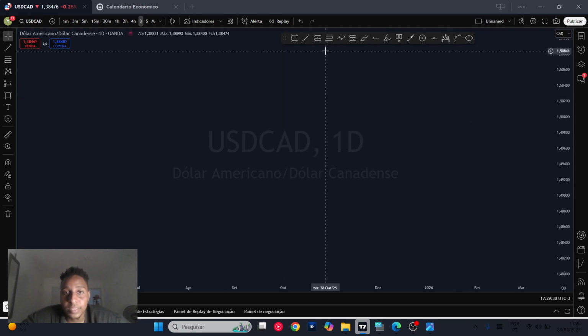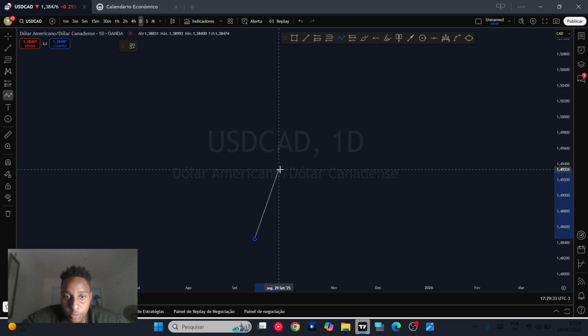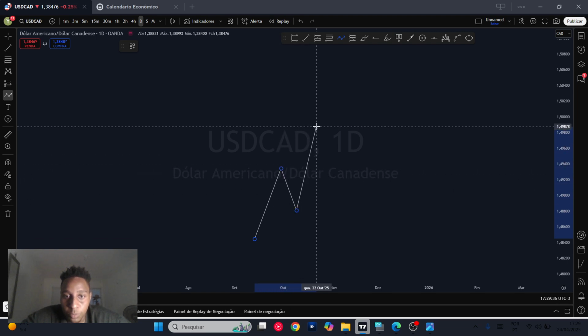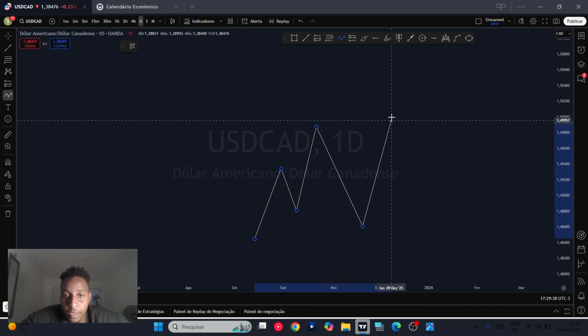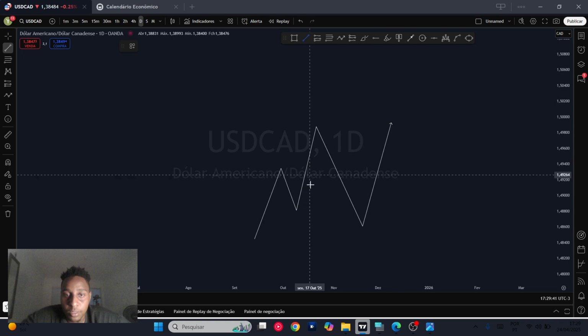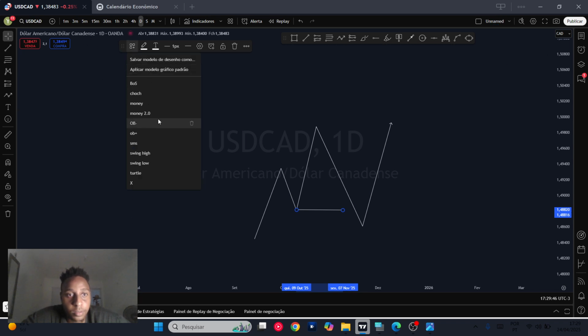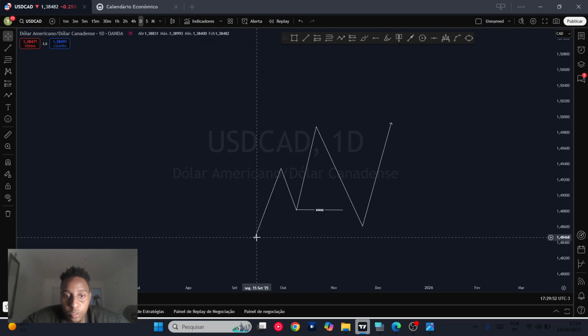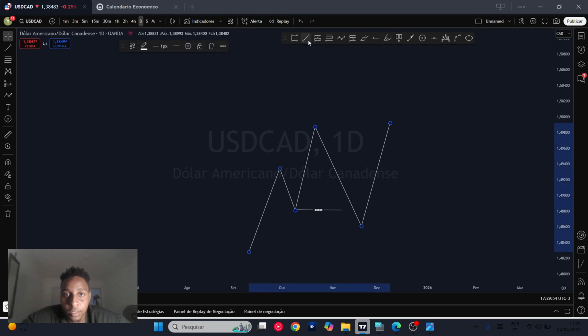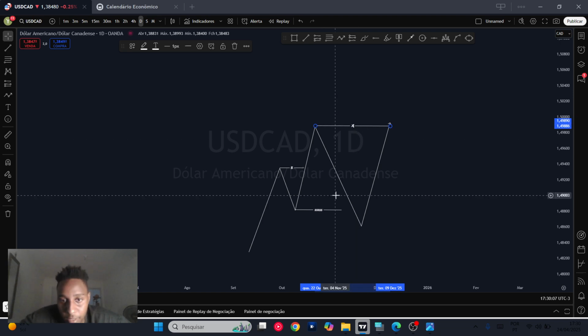So the second model is very basic: price goes and creates simply a low, breaks structure, and then comes again and then goes up. So the liquidity will lie down here, and within this liquidity, we will see a breakout structure here, a buy side liquidity being taken here, right?